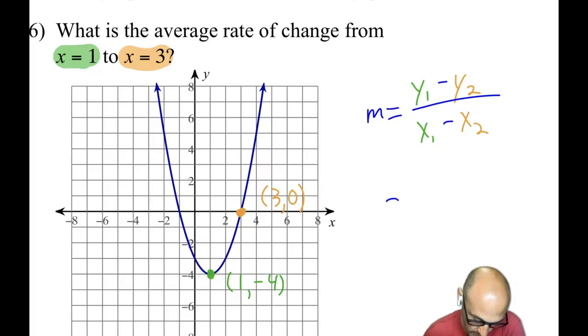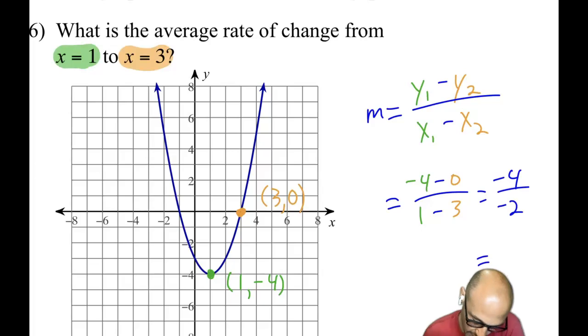And so in this case, y1 is negative 4 minus y2 is 0, over x1 is 1 minus x2 is 3. Oh, yep. I thought I made a mistake there for a minute. Negative 4 minus 0 is negative 4. 1 minus 3 is negative 2. Negative 4 divided by negative 2 is positive 2. So that is the average rate of change.